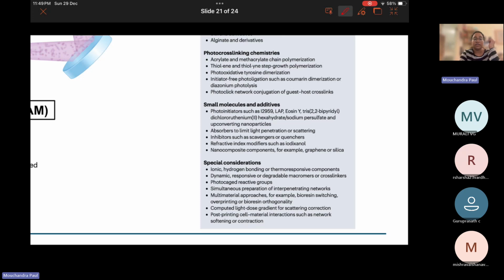GelMA can also cross-link in the presence of low temperature, meaning it can form a gel at low temperature. So you need to make sure that the printing temperature that you are using is above its gelling temperature, so that during the printing, GelMA does not solidify. Okay. So we need to take care of those things as well.